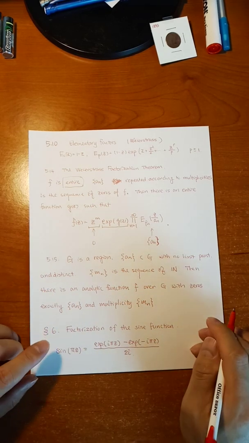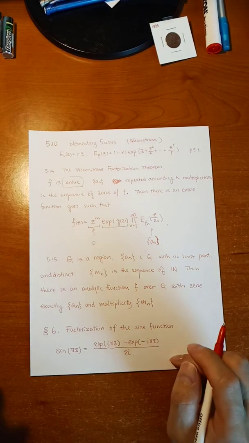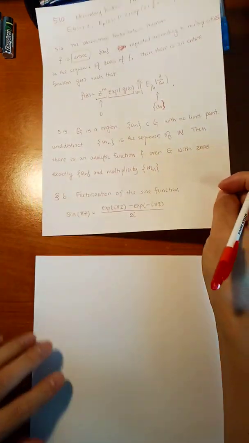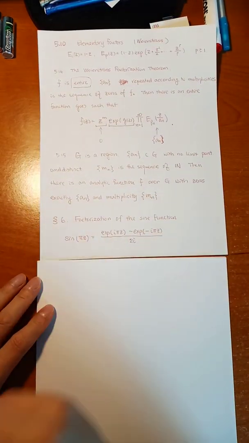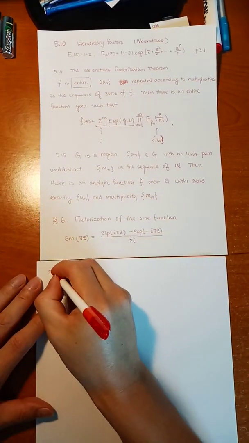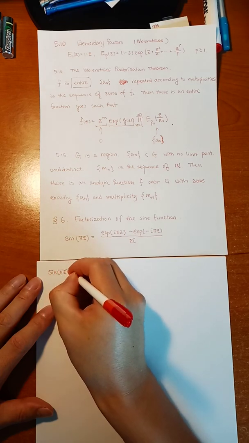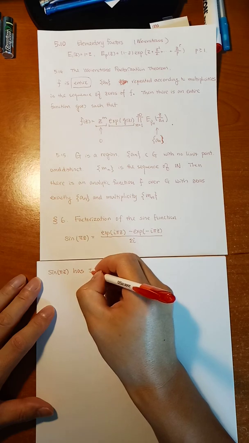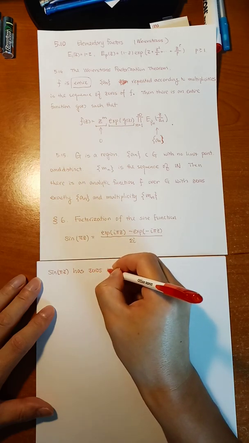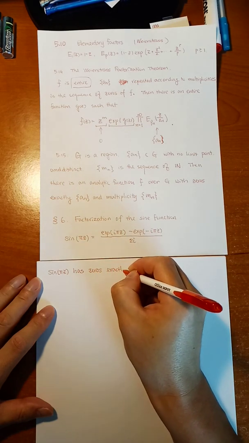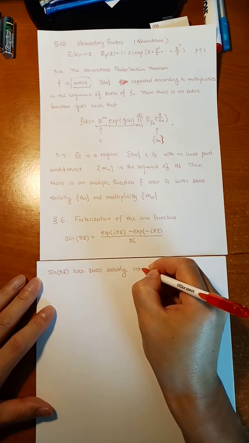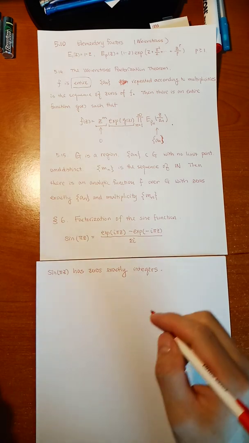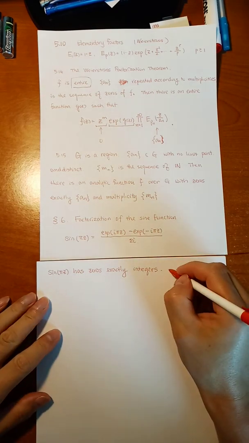We can see that sine pi z has zeros exactly at the integers, positive, negative, and 0.